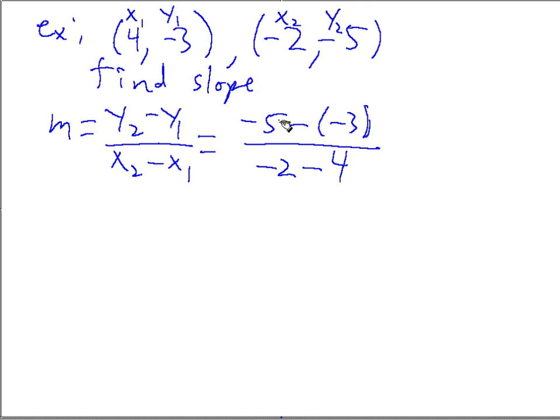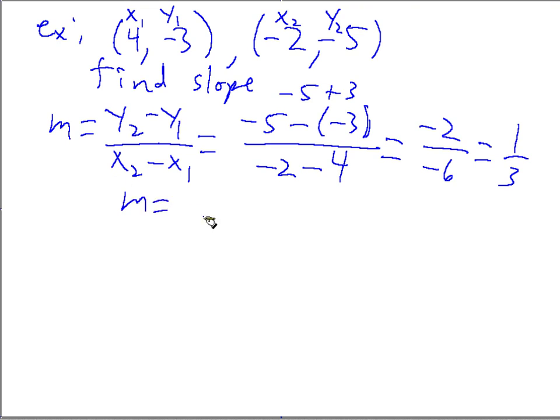Let's perform this calculation. That's basically negative 5 plus 3, so that's negative 2 over negative 6. Reducing that fraction, I get positive 1/3. So the slope of the line going through these 2 points is 1/3.